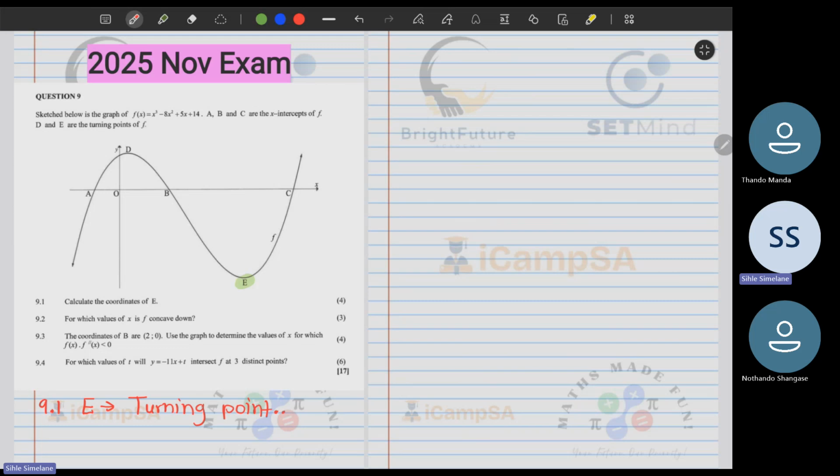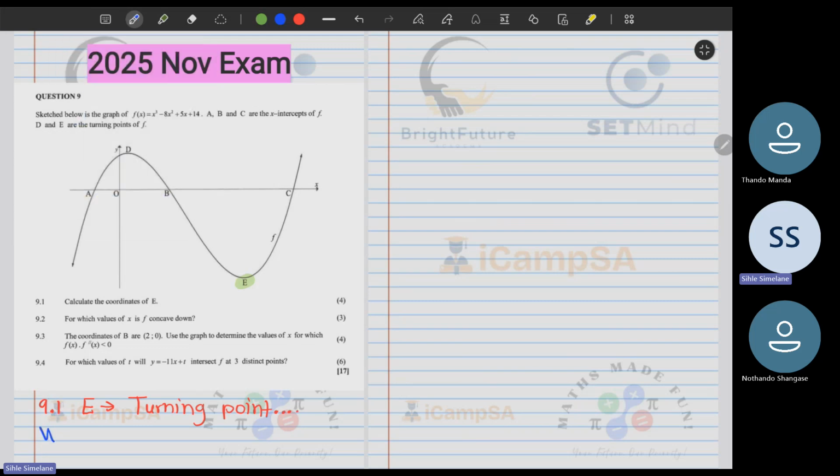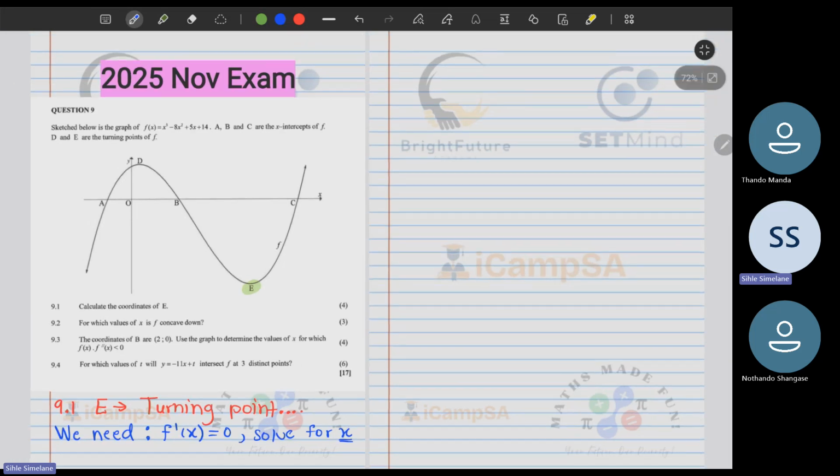And you remember how I said you guys should find the turning point? For the turning point, we need the derivative. So we need f prime equal to 0, and then we solve for x. So that is what we need. Then we take the x, plug it back into the original equation.